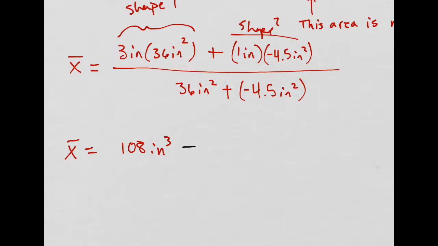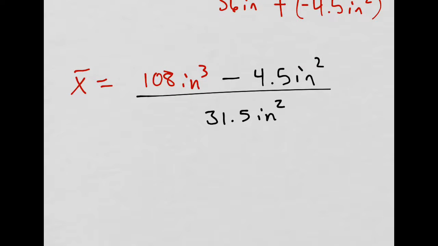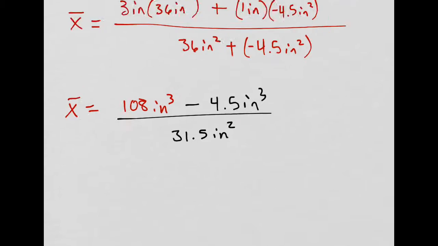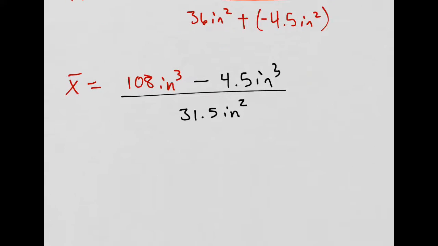So negative just 4.5 inches squared, and I'm dividing it by 36 minus 4.5. So I'm dividing it by 31.5 inches squared, because it's area. Well, sorry, that's cubed now, right? Inches times inches squared is inches cubed.